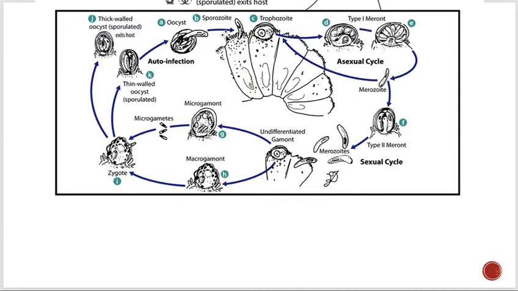The sporozoites bind to the intestinal epithelial cells via induction of actin polymerization. They provoke their own engulfment, and they reside in parasitic vacuoles within the microvilli.